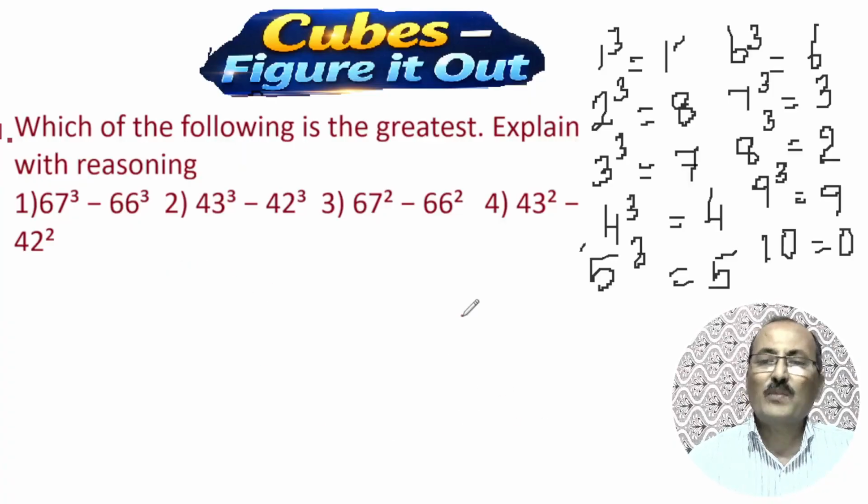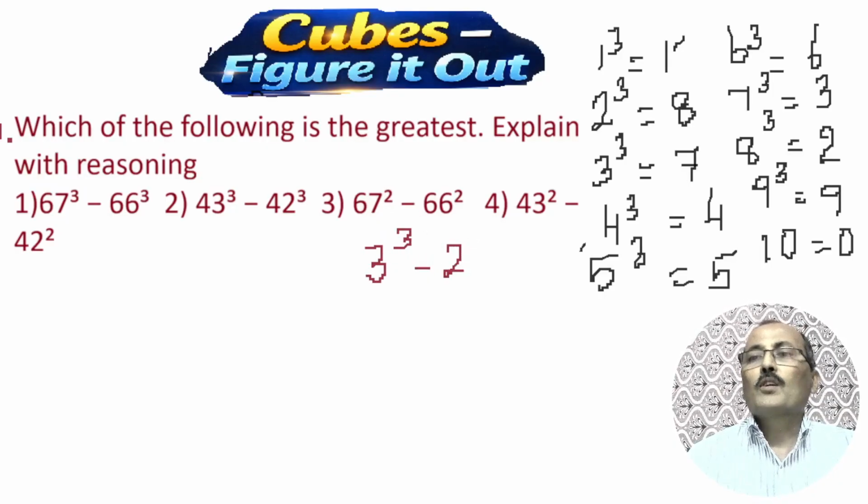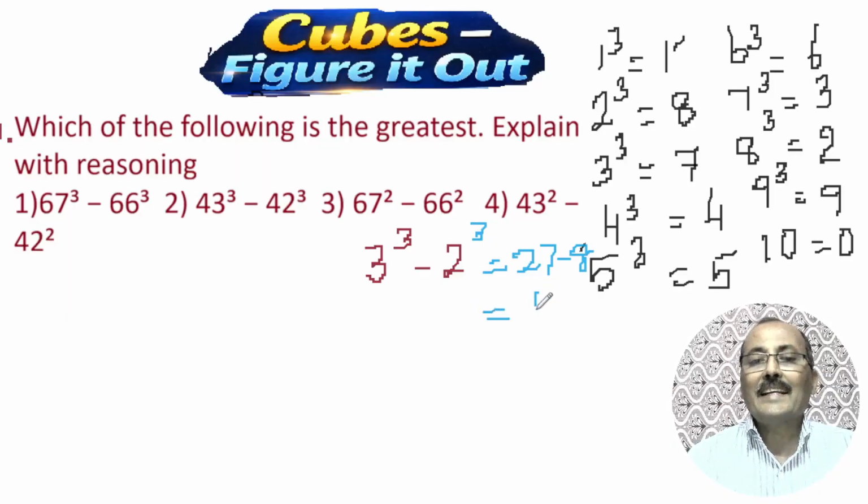Now just for example, you take 3 cube minus 2 cube. That is equal to 27 minus 8. 27 minus 8 is how much? 19. Okay, let it be. Then you take the next number, 4 cube.